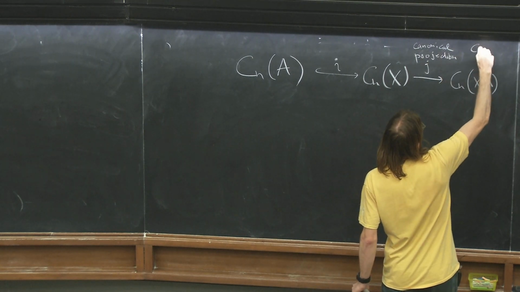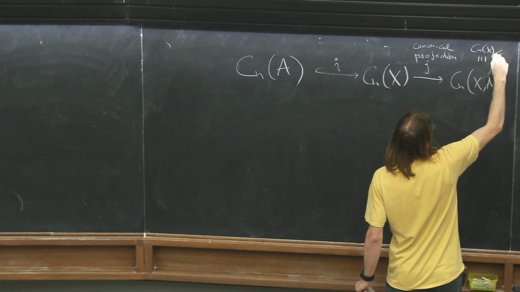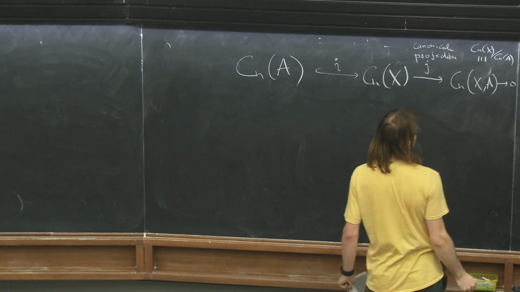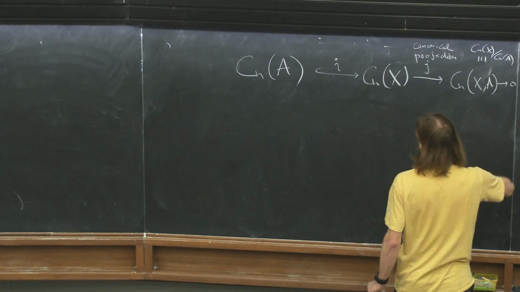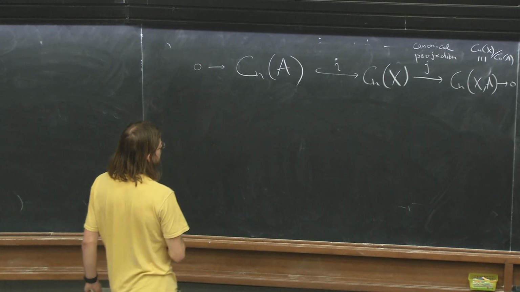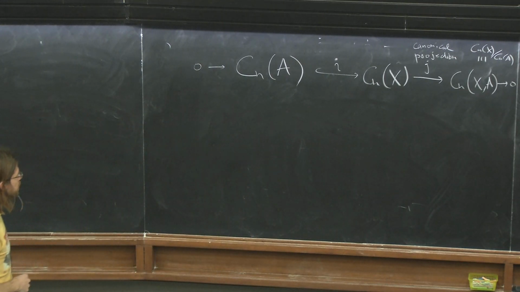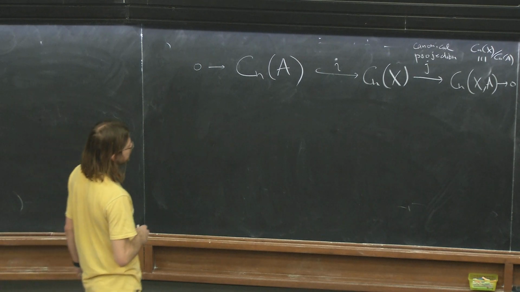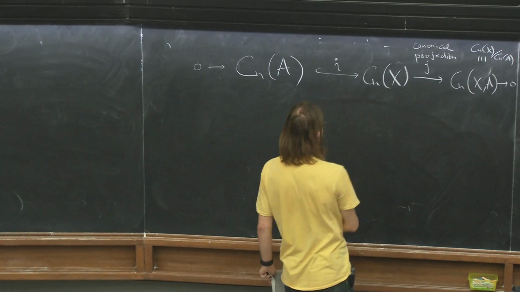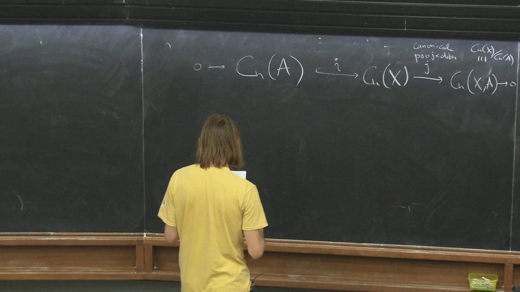And from this, we just consider the trivial map to 0, and extend it to a map to 0. This will be an example of a short exact sequence.